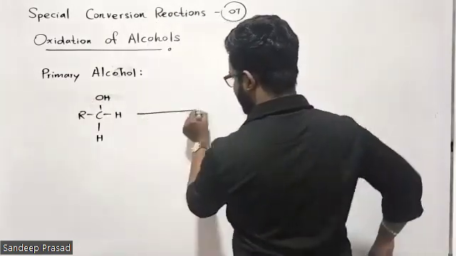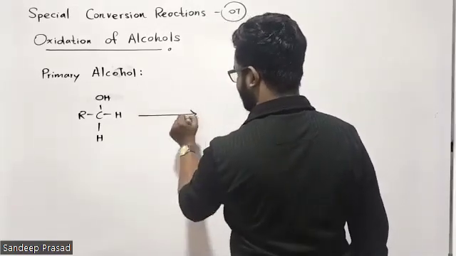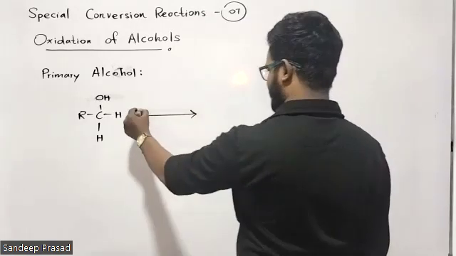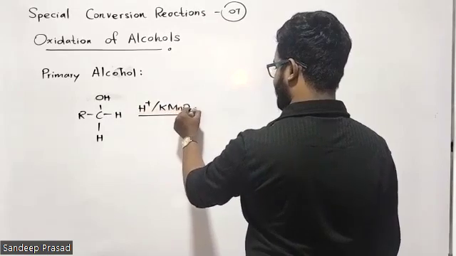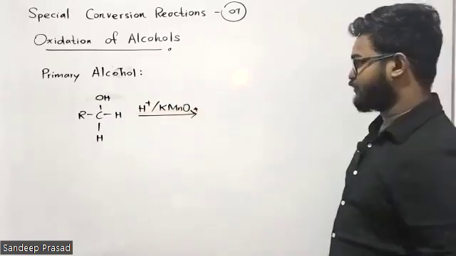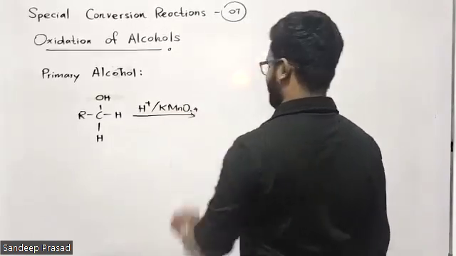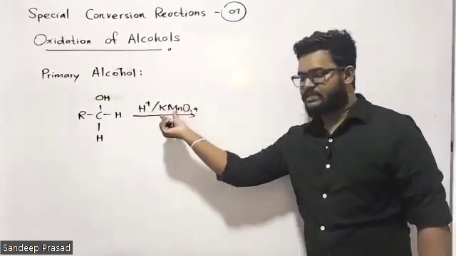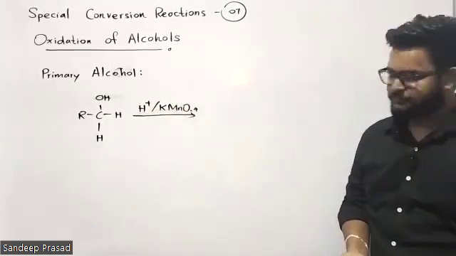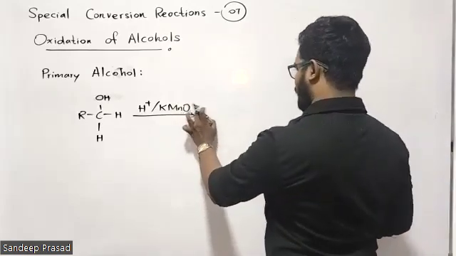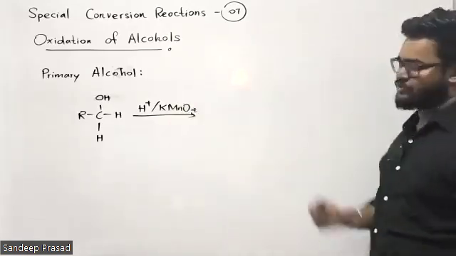In order to oxidize, we are going to add a strong oxidizing agent, right? Do you know the famous oxidizing agent? In acidic medium, we are going to add potassium permanganate, because we know that permanganate is reduced into Mn2 plus in acidic medium. Therefore, it is a well-used oxidizing agent, the most famous and most used oxidizing agent in organic chemistry.